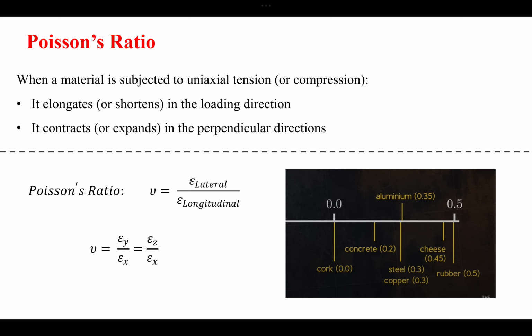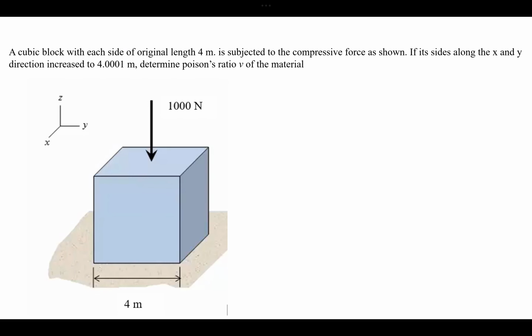Now for most materials, metals, the Poisson's ratio stays around 0.3, 0.3 to 0.4, somewhere there. For soft materials it will go to 0.5, for example for rubber. For very hard materials like concrete and cork, it will be close to 0. Okay, so let's go on and try to solve this very basic problem.